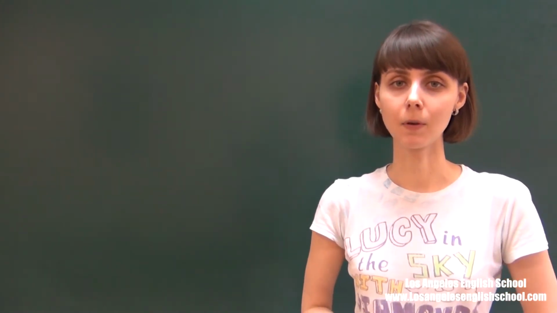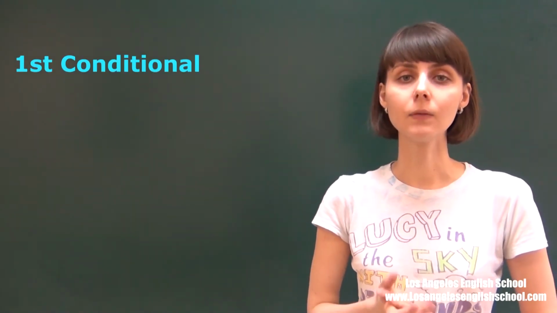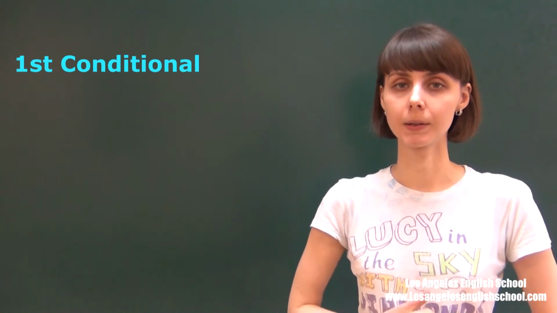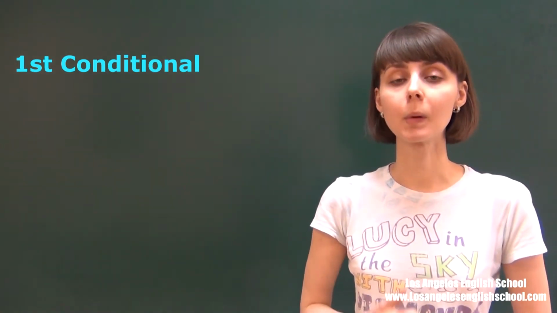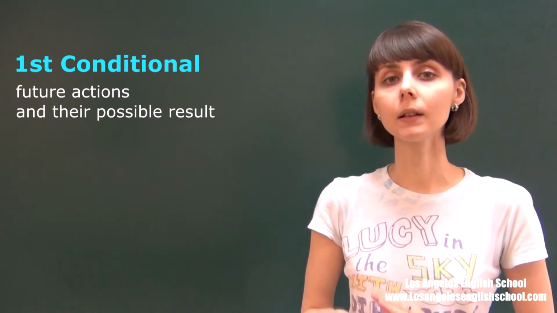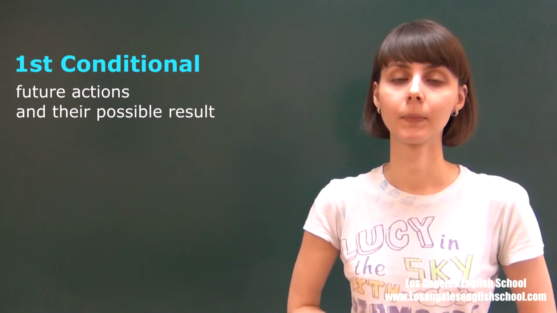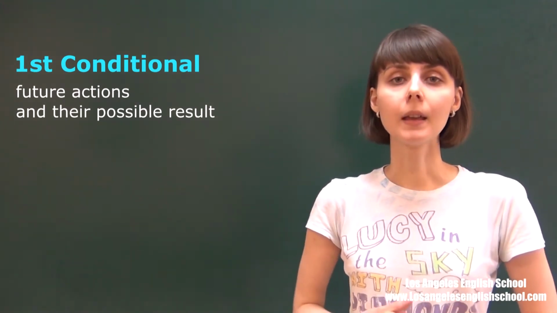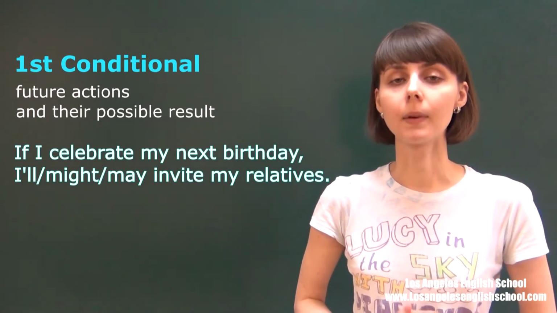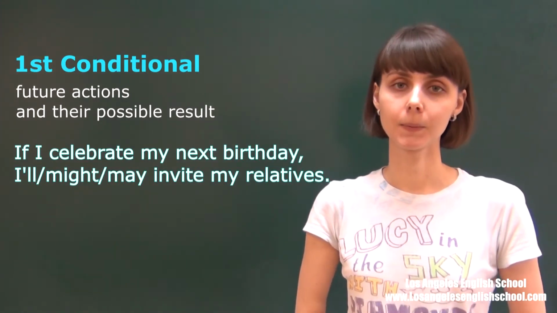The next type of conditional sentences is called first conditional sentences. If we talk about first conditional sentences, we think about the future and the likelihood of some actions to happen in the future. For example, if I celebrate my next birthday, I'll invite my relatives.